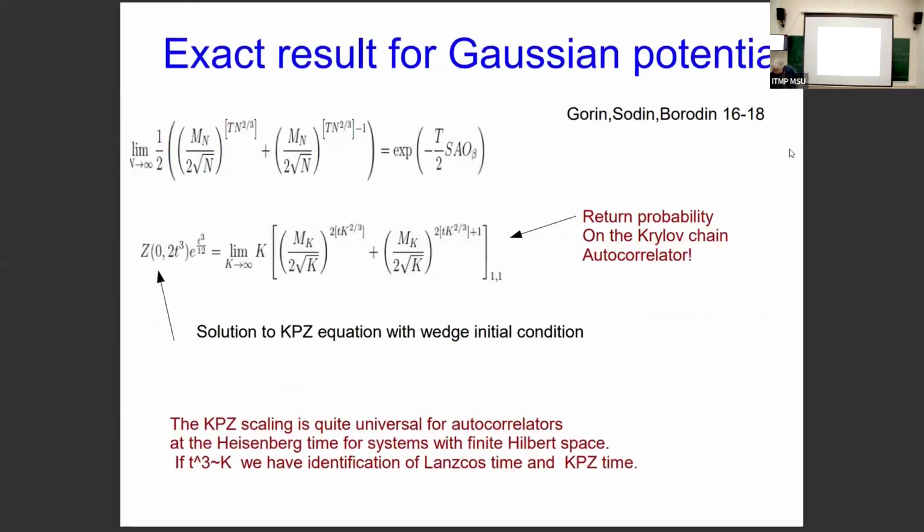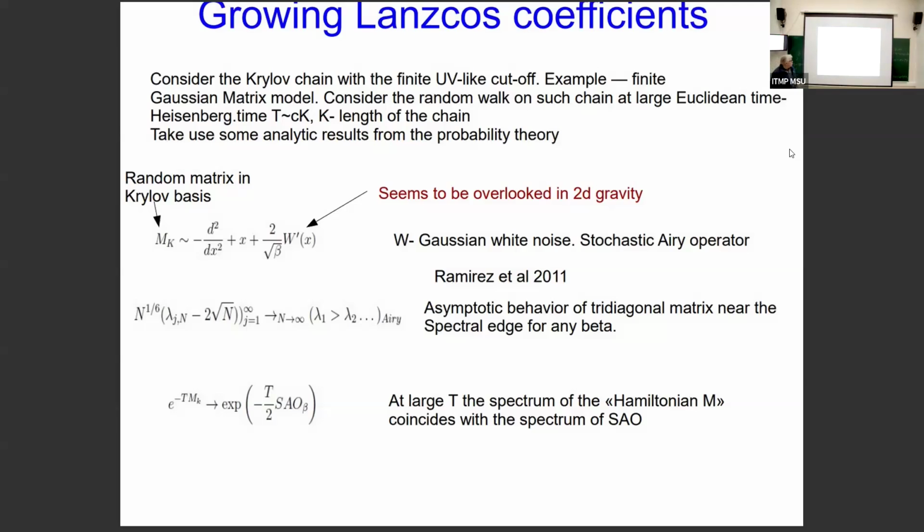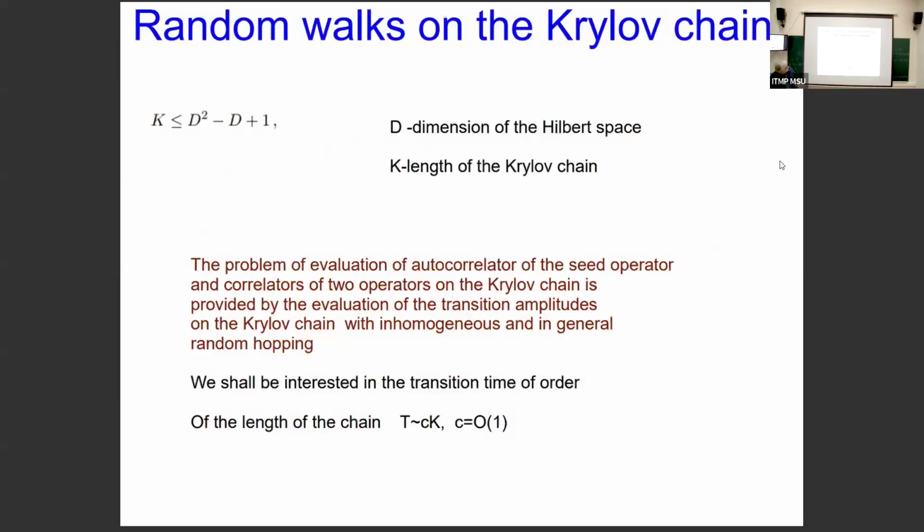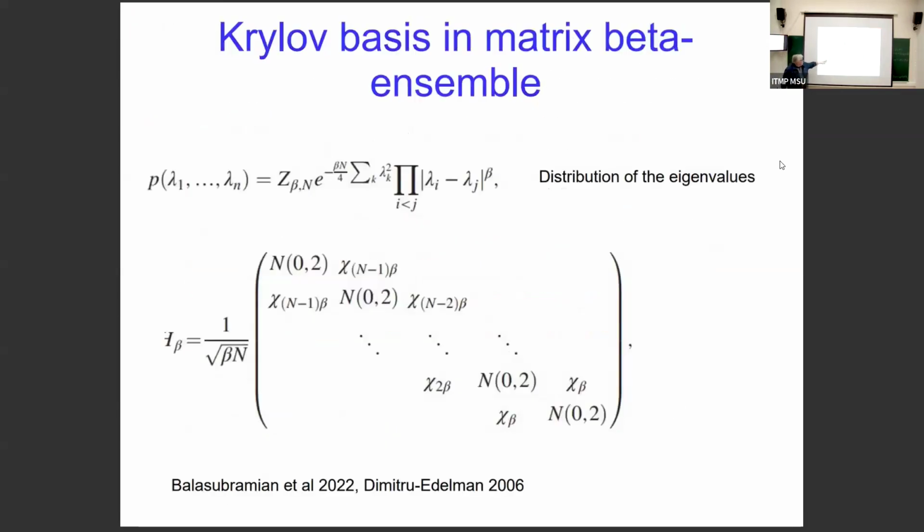M is the tridiagonal matrix in the Krylov basis. We consider the Krylov basis. We have tridiagonal matrices.